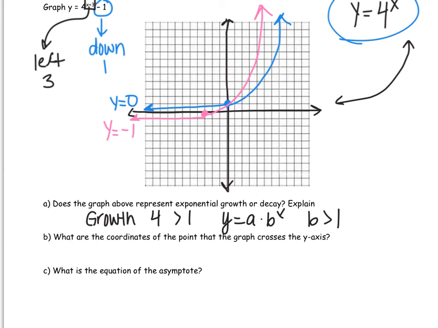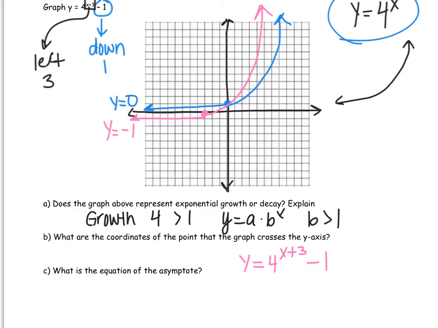Okay, now the second question says, what are the coordinates of the point that the graph crosses the y-axis? So around here, I sketched it here, but how could we tell if there's no exact point? Well, we know that it's going to cross the y-axis here when the y value, we don't know, but the x value is going to be 0. So we have, let's write this down, y equals 4 to the x plus 3 minus 1.